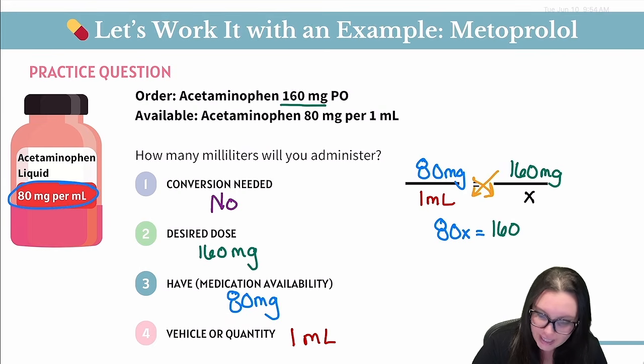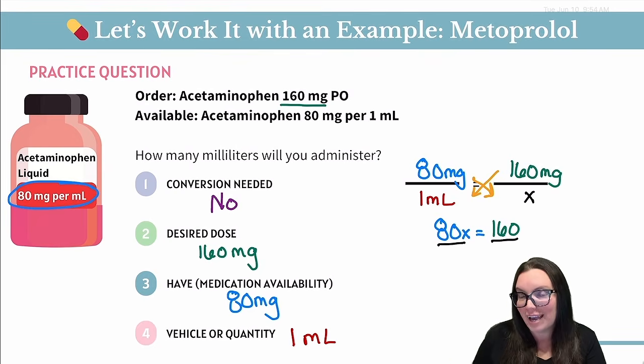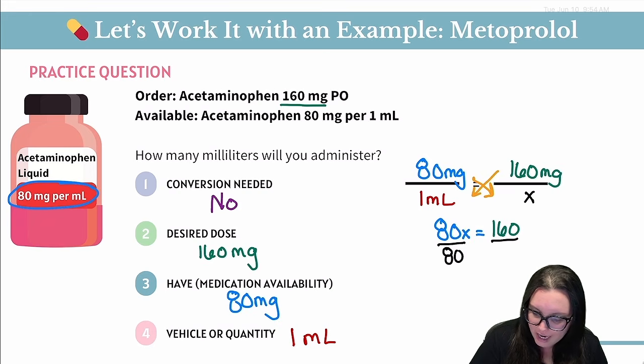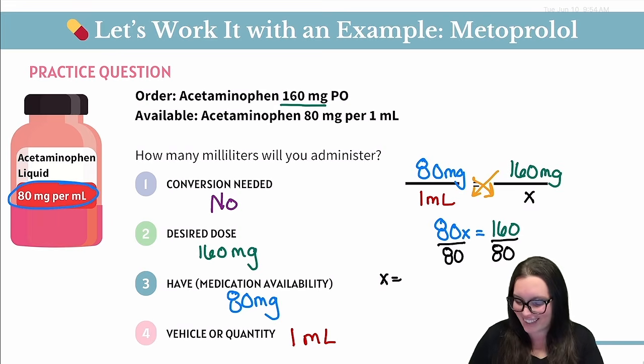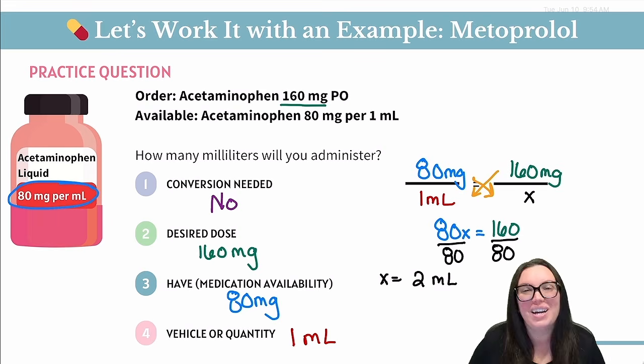So now we need to isolate our X. I've got to get rid of that 80. If we're doing multiplication, 80 multiplied by X, I've got to do division to get rid of it. So I'm going to divide both sides of our equation by 80, because remember, whatever you do to one side, you also have to do to the other side. And that's going to leave us with X is equal to 2 mLs.